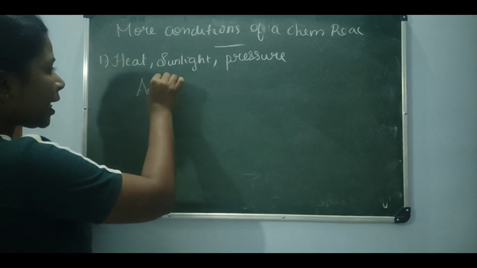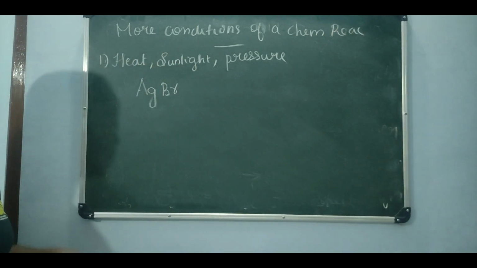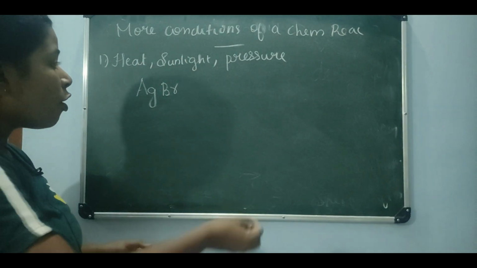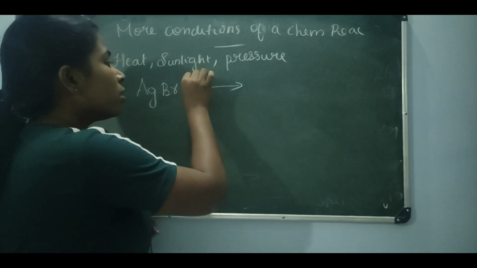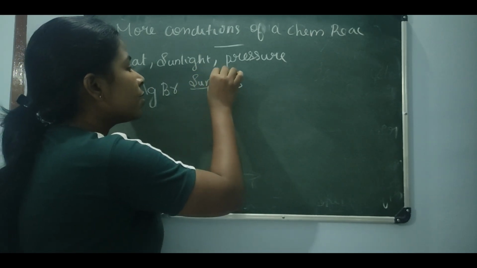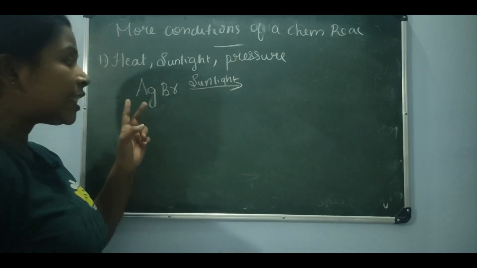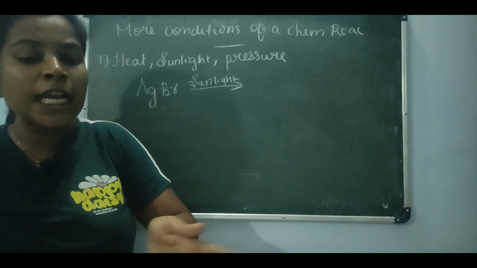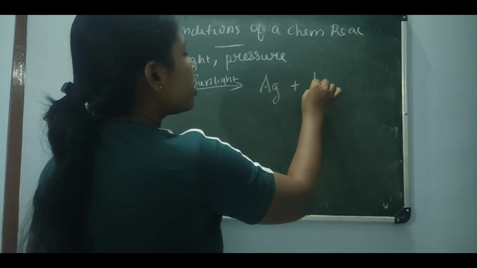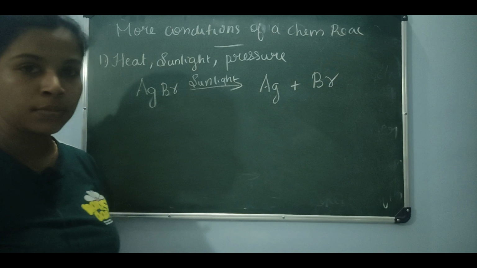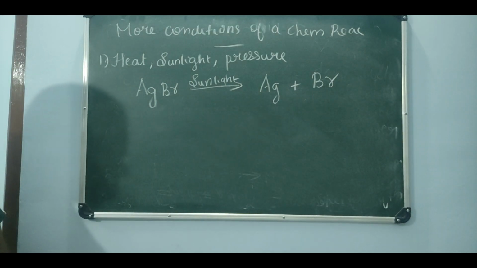Silver bromide is a compound. When we expose silver bromide to sunlight, the silver bromide gets decomposed into silver and bromine. Understood? Okay.